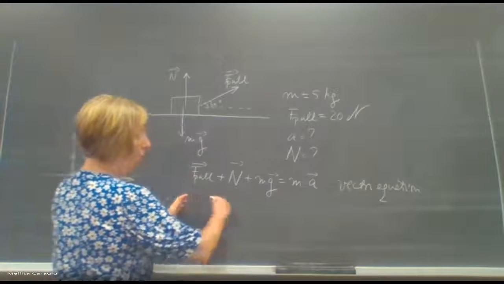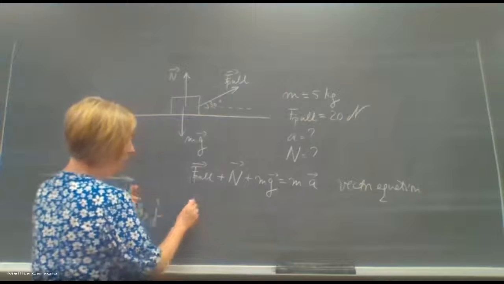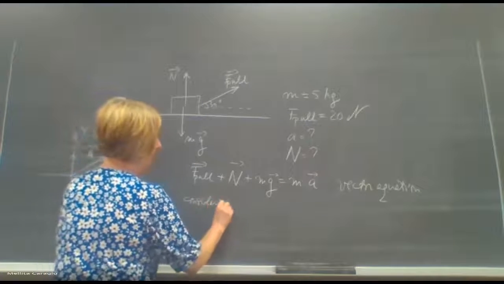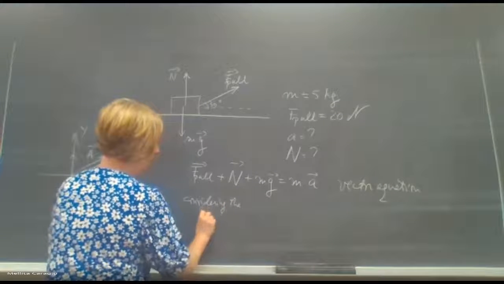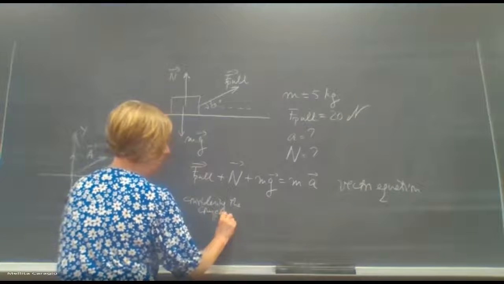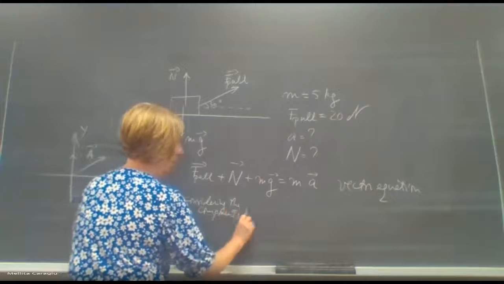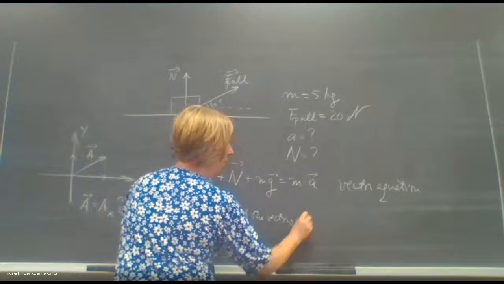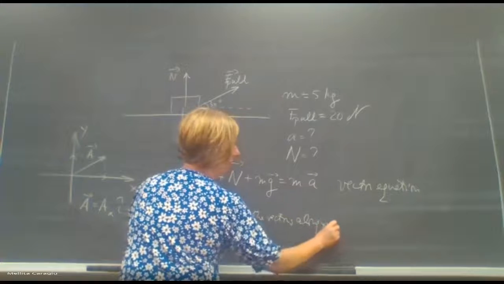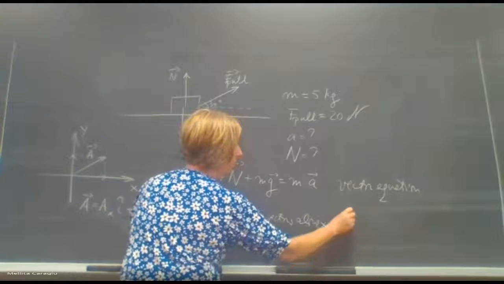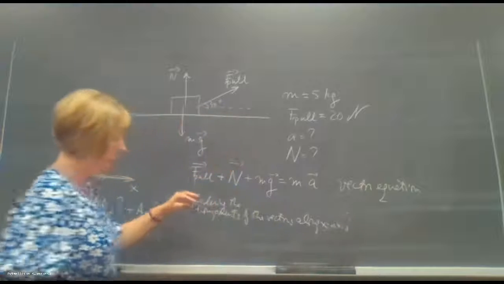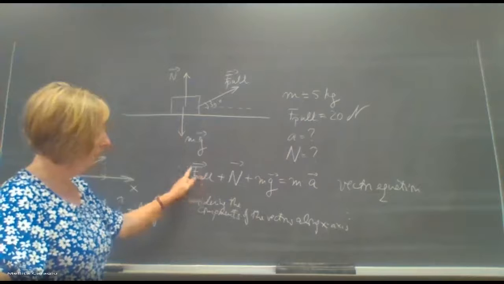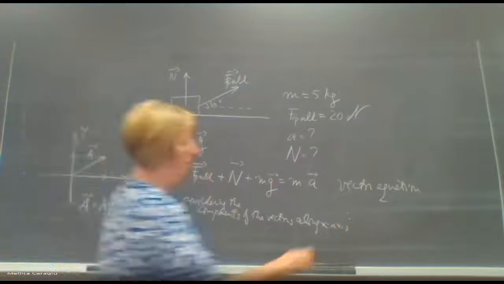So one scalar equation comes from considering the components of the vectors along x-axis. So that's one scalar equation. Basically, you have to think of the component of the pulling force along x.